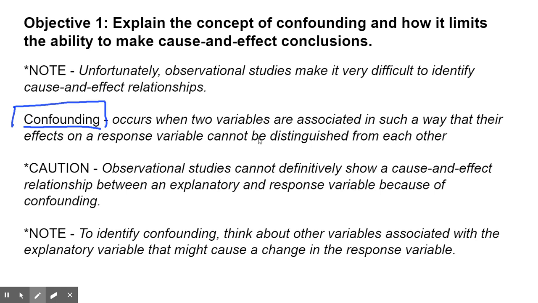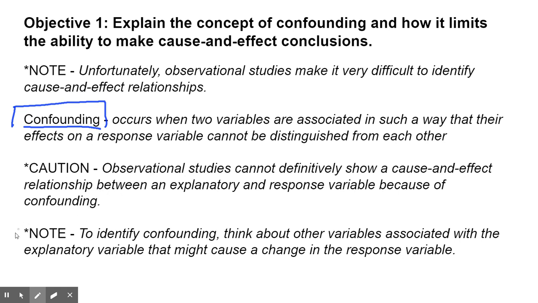So you have to think about, are there two explanatory variables that are intermingled, such that when you get these responses from the individuals in your study, can we distinguish between the explanatory variables? This is why observational studies cannot definitively show cause and effect, because of this idea of confounding.